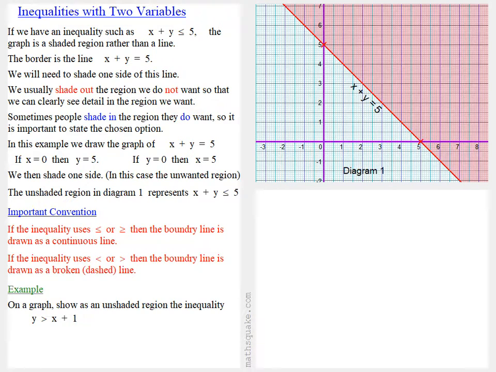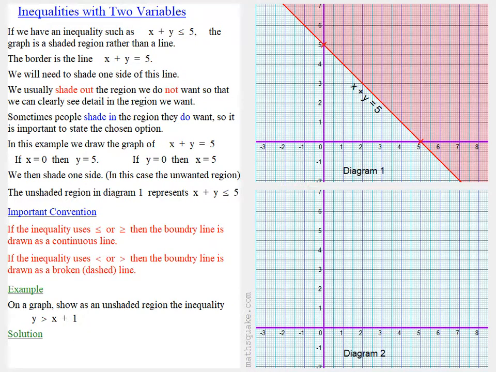So, if we take an example, on a graph, show as an unshaded region the inequality y is greater than x plus 1. Well, the first thing we have to do is draw the graph of y equals x plus 1. To do this, we can say if x is 0, then y is 1. We can mark that point.